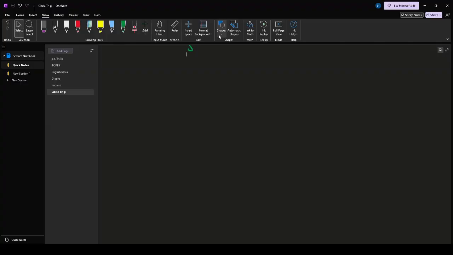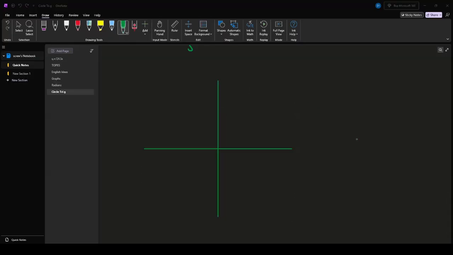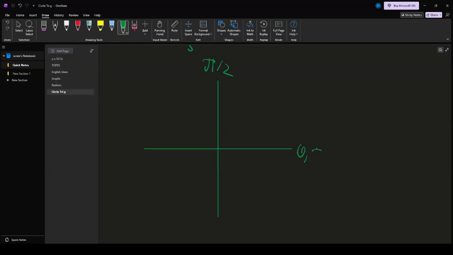Now, another small thing too. So, you have pi over 2 here, 0, 2 pi, 3 pi over 2, and pi.